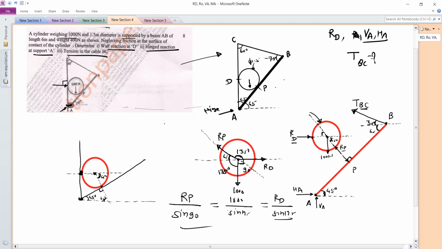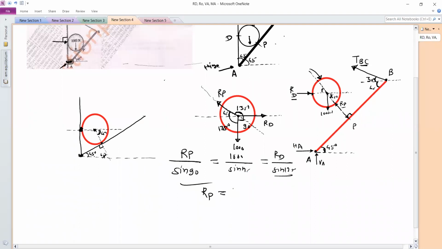So consider any two equations, RP and 1000 and RD and 1000, and get the value of reaction RP and RD. Okay, so from this equation, you will get reaction RP and reaction RD.